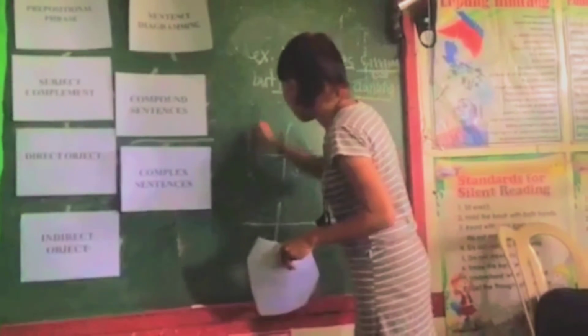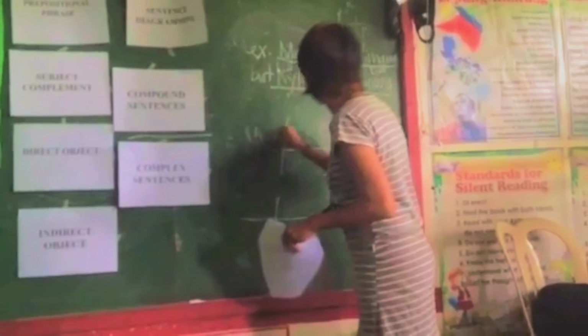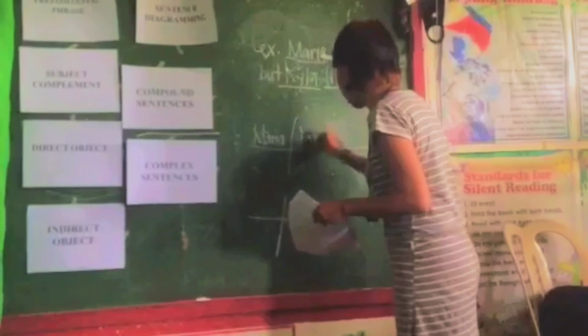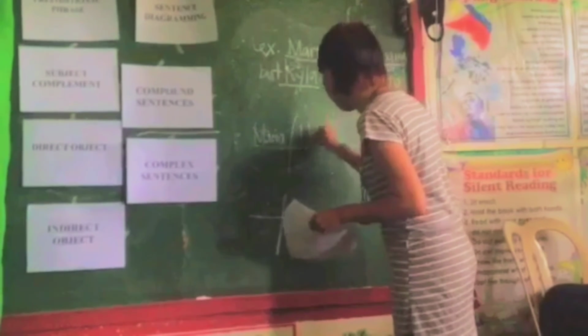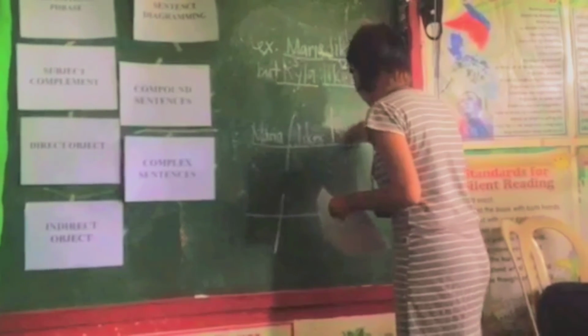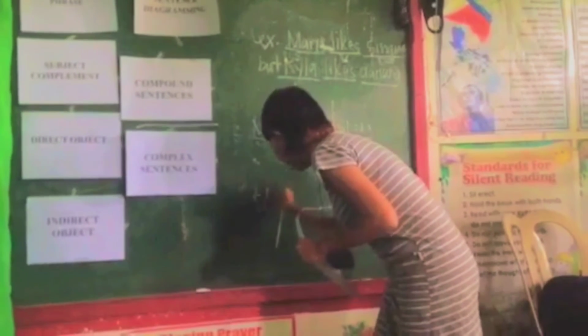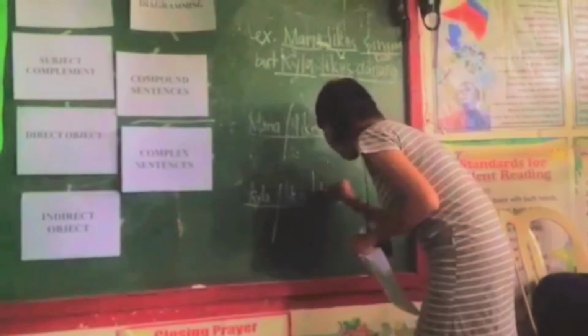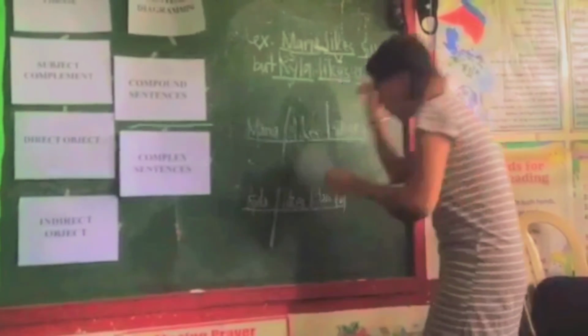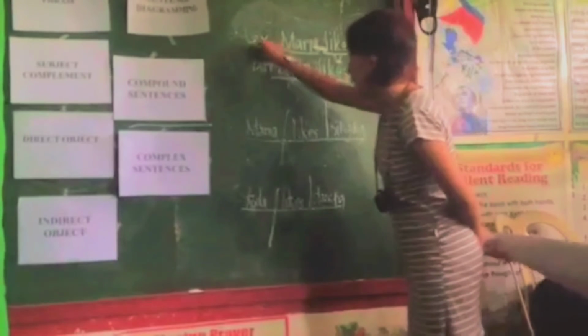Maria, as our direct object. Now we have here a coordinating conjunction, which is but.